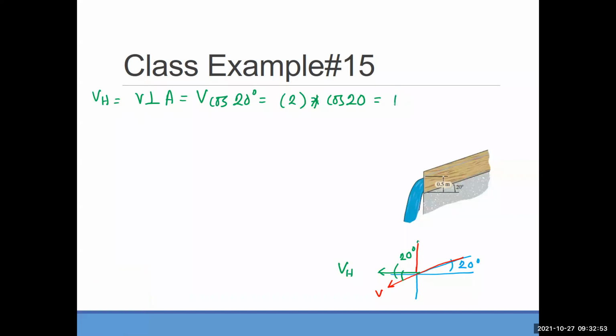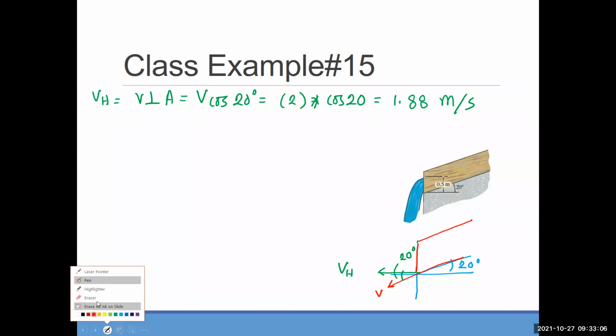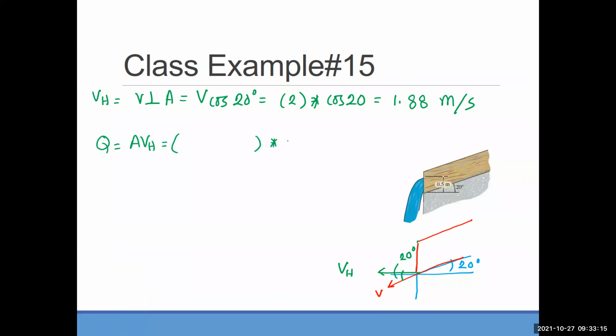So that is 1.88 meters per second, right? Okay. That was the pipe, and that was the velocity. Now we can calculate, what was the area?